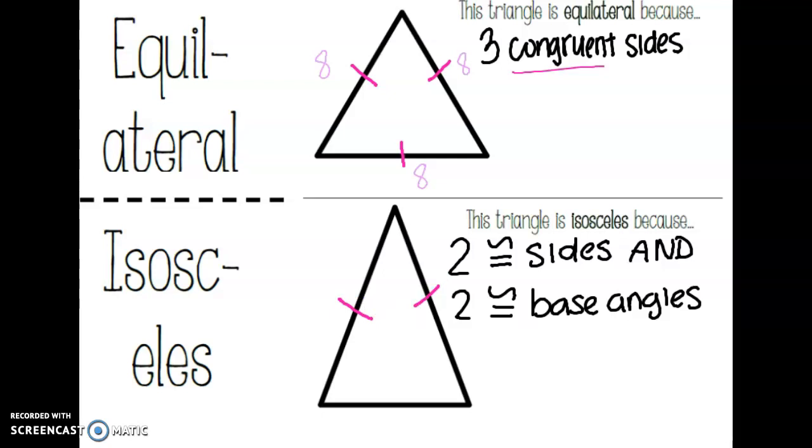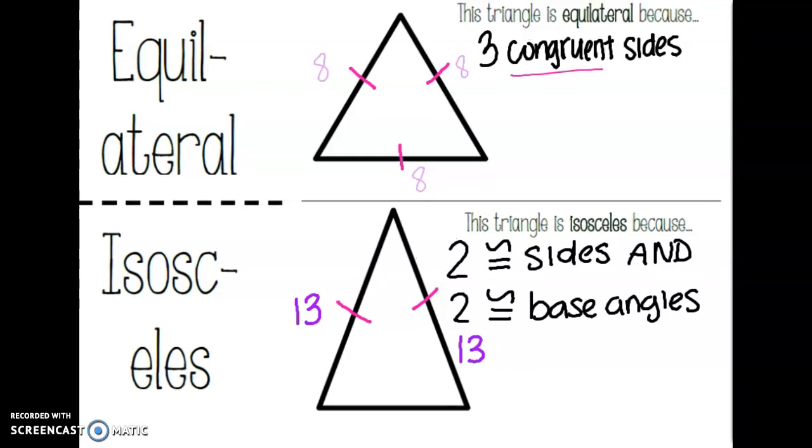For example, if one measured 13, the other would also measure 13. But we also have three congruent angles. Just kidding, two congruent angles. The base is right here. So if one angle measured, for example, 20 degrees, this angle here would also measure 20 degrees.